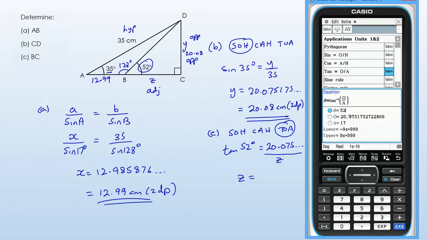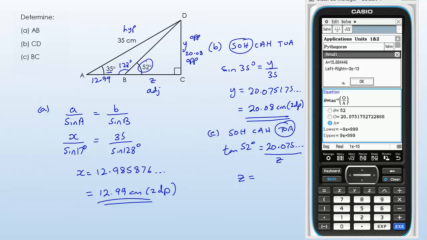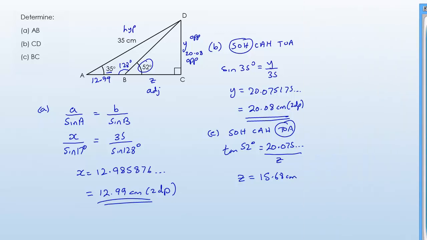The opposite is exactly what we wanted. I didn't need to paste it in there, it was already there. And we're trying to work out the adjacent. And so we just hit solve on that, and it gives me 15.68. Now we're not going to need that again, so I can actually round that straight away to 2 decimal places.